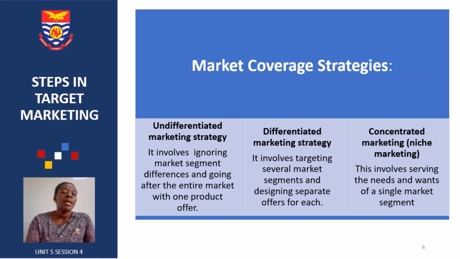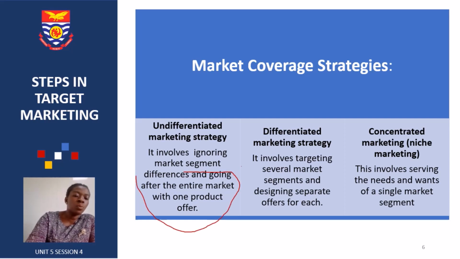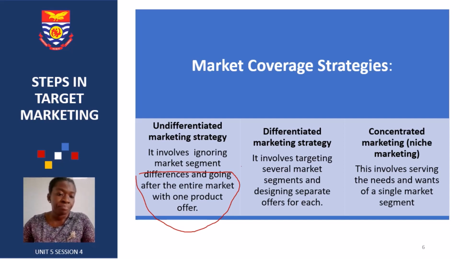And for you to be able to do this, you may need to look at some market coverage strategies. Some do the undifferentiated marketing strategy, which involves ignoring market segments and going for the entire market with one product. So sometimes people just do undifferentiated marketing: I'm selling clothes, whether it's males, females, everybody can buy.